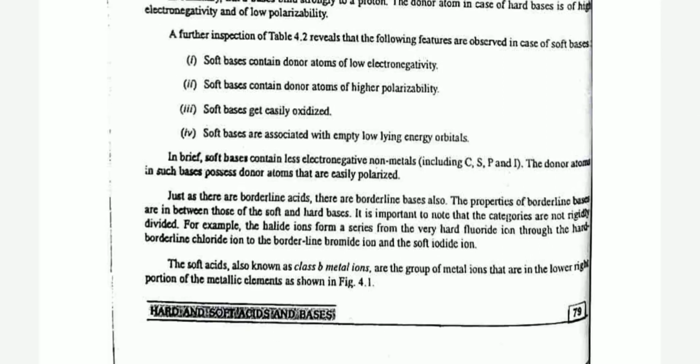Fourth, soft bases are associated with empty low-lying energy orbitals. In brief, soft bases contain less electronegative non-metals, including carbon, sulfur, phosphorus, and iodine. The donor atoms in such bases are easily polarized.